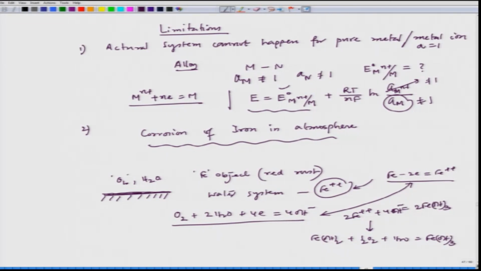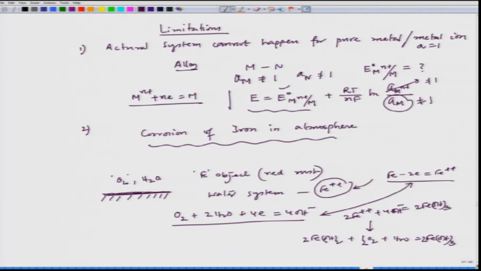If I try to balance it, if I put 2 here and 2 here, then 6 oxygen, so this is 4, this is half, hydrogen, there are 6 also, 2 and 4.